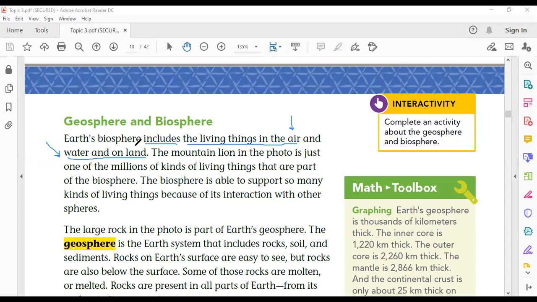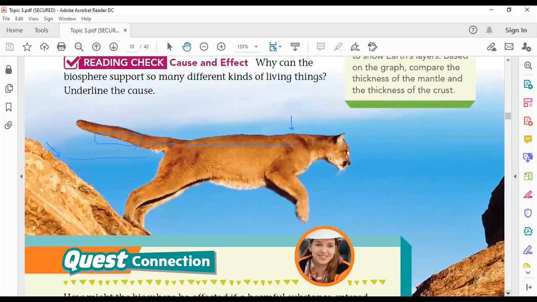So the biosphere includes all living things wherever you find them, in air, water, or land. Understood? Fine. Look at this animal, the mountain lion. Do you see it in the picture? Yes. This is called the mountain lion.